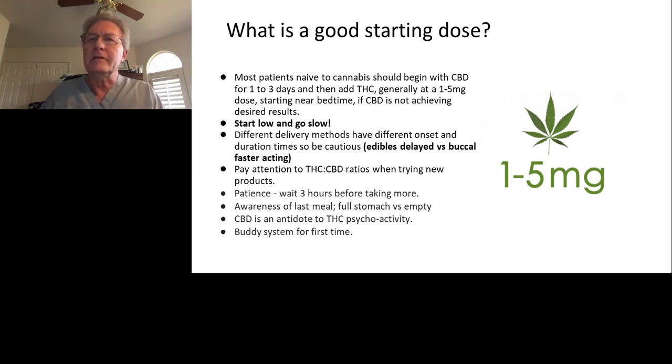One of the things that is important to recognize is that CBD is the antidote to the psychoactive effects of THC. So if you took too much THC, you could consume a CBD product that had a fast onset of action and actually help rescue you and reduce that overwhelming psychoactive effect that may make you feel uncomfortable.